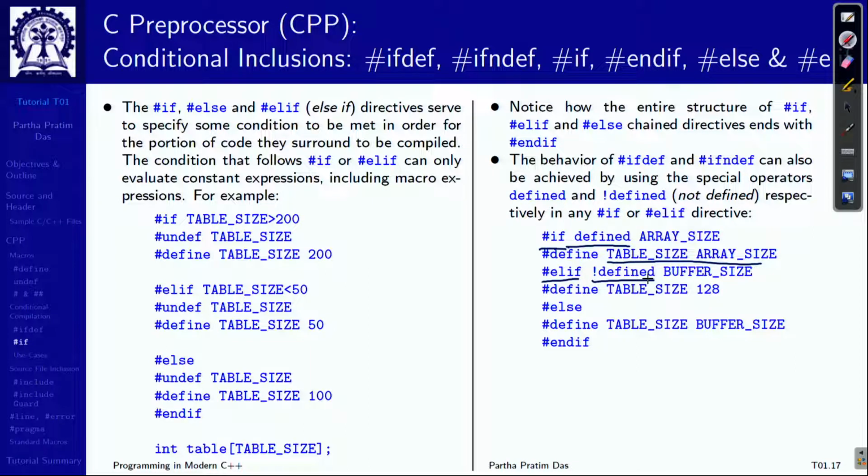So, actually when you want to do this if, else if chain, defined and not defined are useful. Otherwise, if you are just doing one check, then you can always use Ifdef or Ifndef. Right? These are very important directives to make your code build as you want it to work.